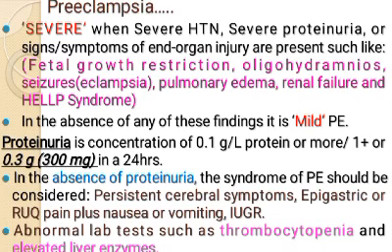Proteinuria is a concentration of 1.1 gram per L protein or more per 1 plus, or 0.3 gram or 300 milligrams in 24 hours. In the absence of proteinuria, the syndrome of preeclampsia should be considered with persistent cerebral symptoms, epigastric or RUQ pain plus nausea or vomiting, and IUGR.